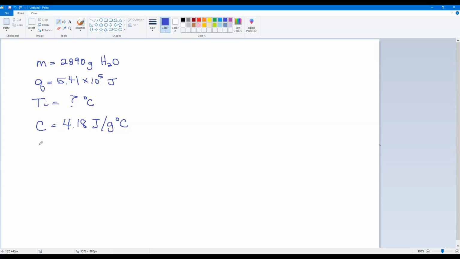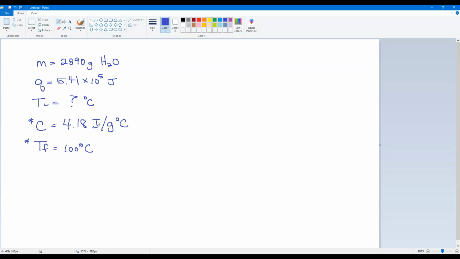It also says in the question that the water's brought to the boiling point, and the boiling point for water is 100 degrees Celsius.